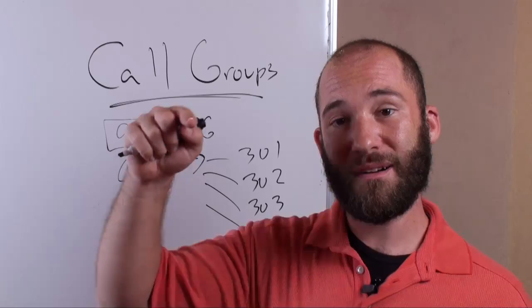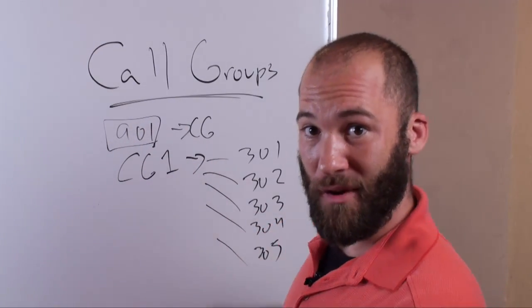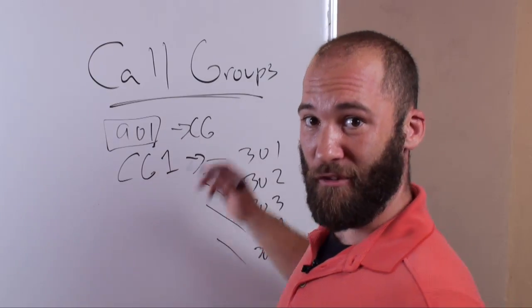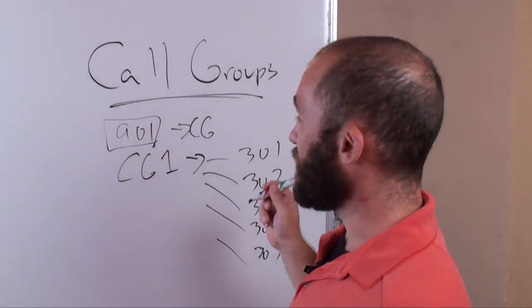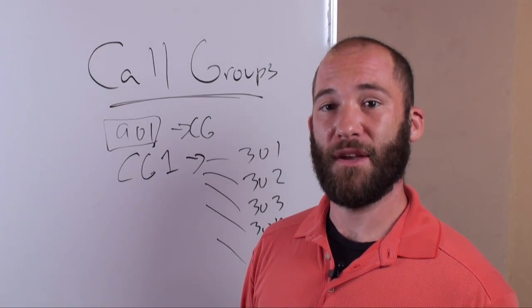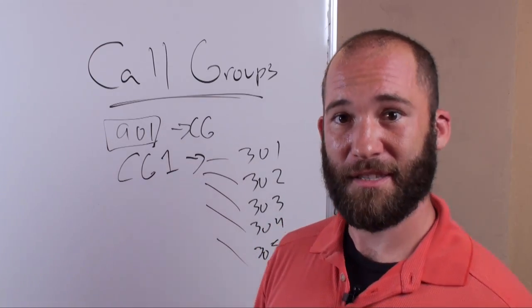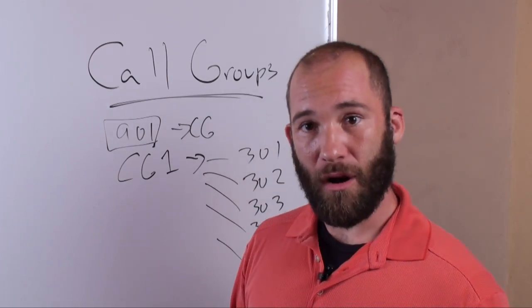So the phone call comes in, every extension gets rung at the exact same time. Whoever picks up gets the call. Everybody else loses. So that is what a call group is. Like I say, these are great, especially I've seen for emergency response teams. So let's say you have volunteer emergency response teams. You have a number of leadership positions, especially if you have out calling involved.